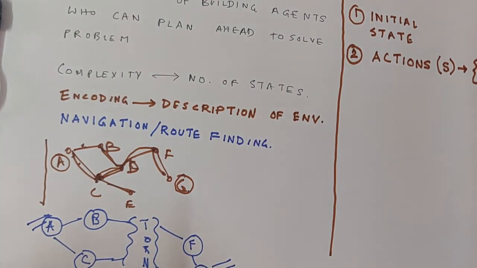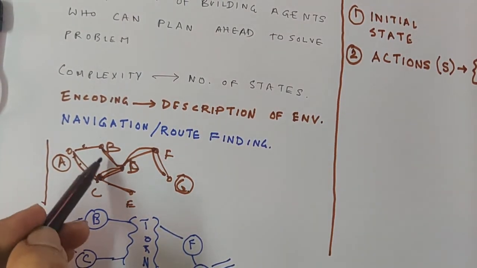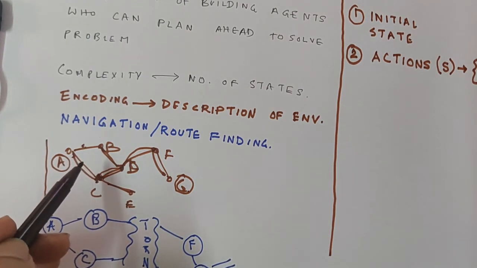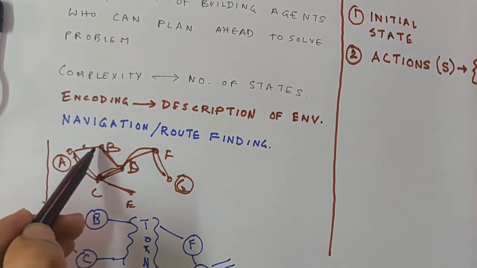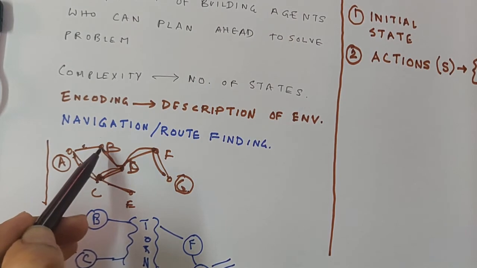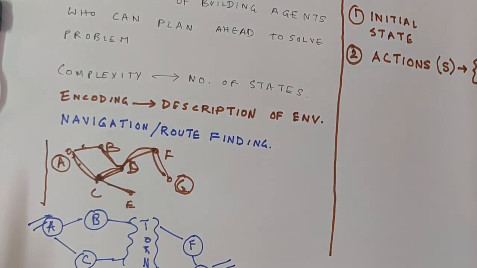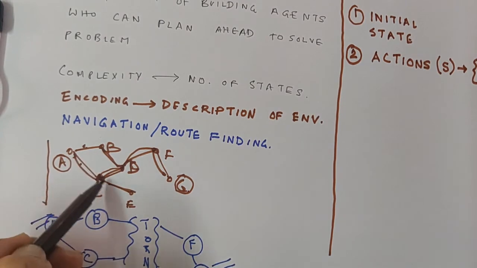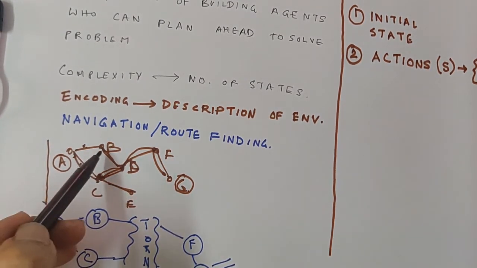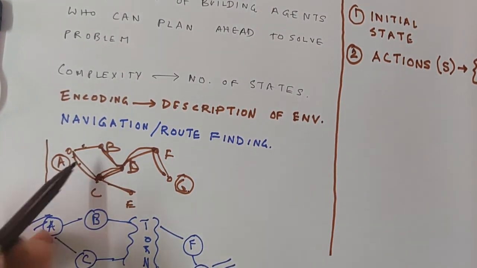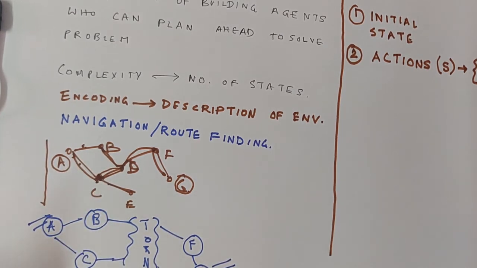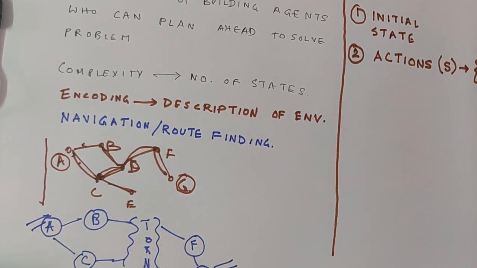The actions are dependent on the state. When we are in one city, say city B, we can go only to neighboring cities, not arbitrary cities. From B I can go to A and D, but I cannot go to C or E.